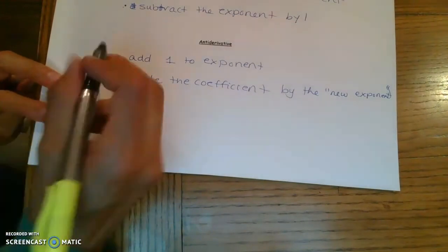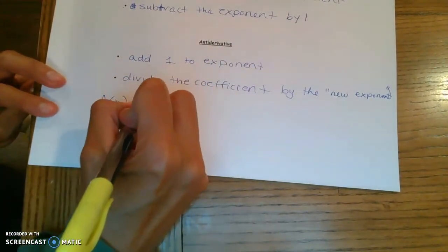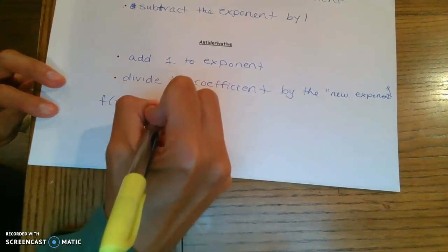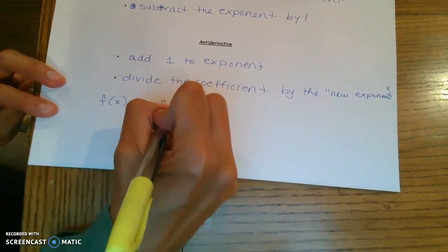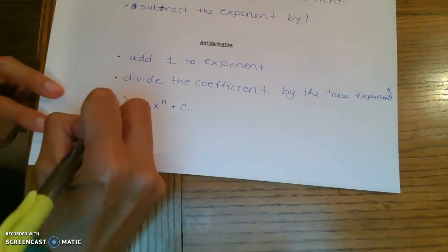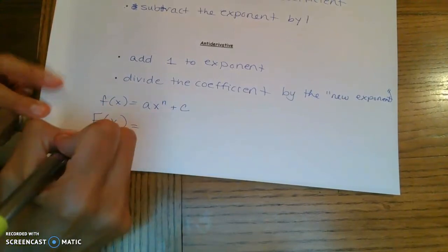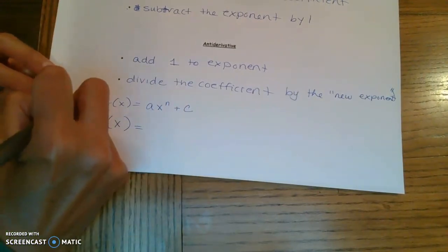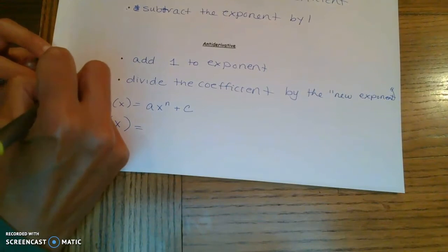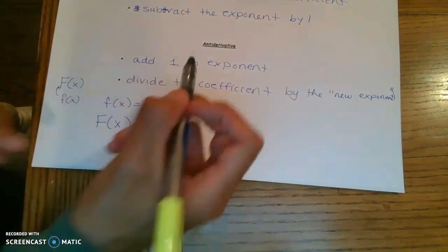So if I gave you f of x is equal to a x to the n plus c, and I want to know the antiderivative, meaning the original function. So f of x would be here on my function q, and this would be above it. I'm going up that function q. Well, what's my first step?